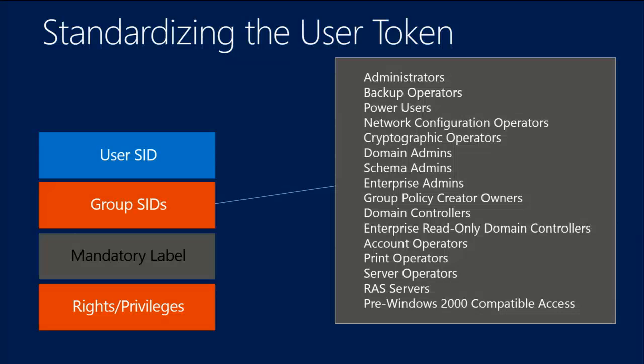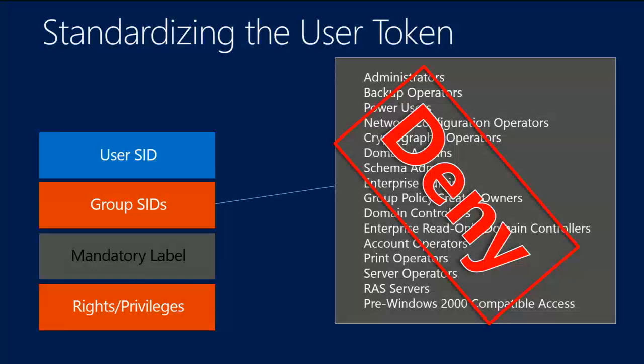And if you are a member of any of these administrative groups, like the administrators group, it takes them away from your access token by flagging them. All these groups get the deny flag. And by using the deny flag, if you try to do something with an object in Windows that requires you to be a member of any of these groups, you're denied access.